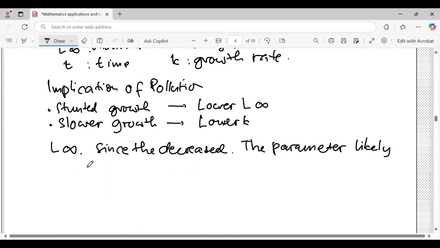The parameter likely affected by pollution is this one.